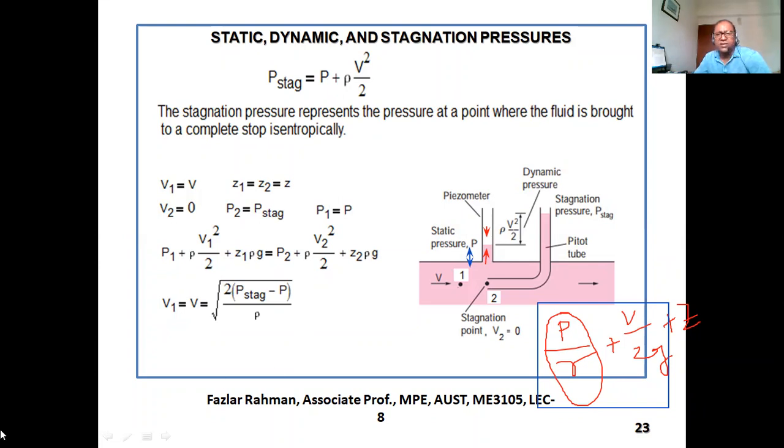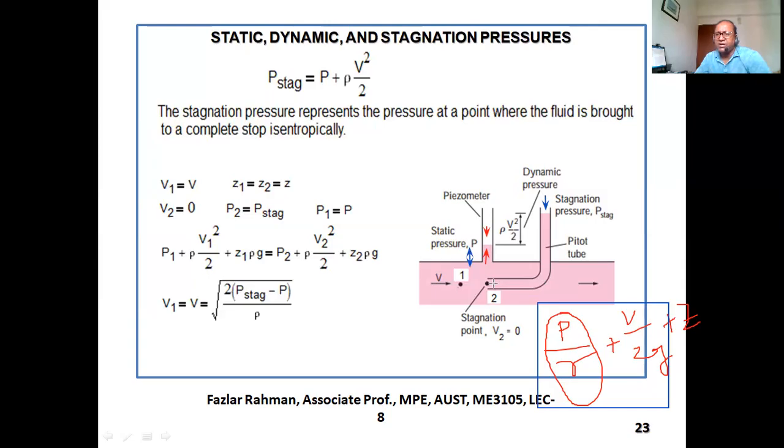So that's why in the top of this pitot tube, atmospheric pressure is still working. And right over here, you reduce the velocity to 0. So the kinetic energy of the fluid is converted into pressure energy.